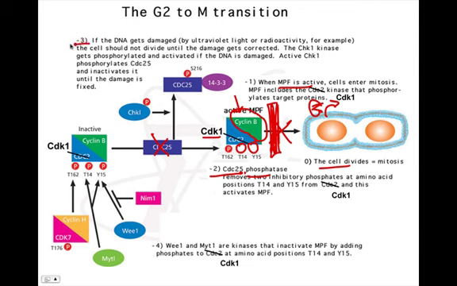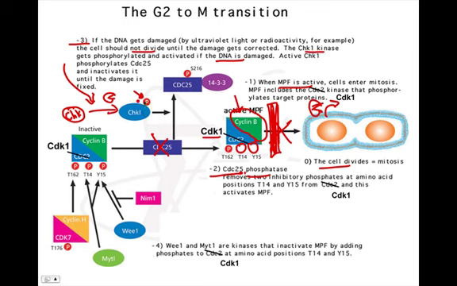So let's go up here to -3. If the DNA gets damaged by ultraviolet radiation or radioactivity, for example, the cell should not divide until the damage gets corrected. The CHEK1 kinase, so this is another protein, CHEK1 kinase, gets phosphorylated as a result of that damage and is activated if the DNA is damaged. So we can draw it up here: CHEK1's not phosphorylated, and the DNA damage leads to phosphorylation by yet another kinase, and we won't learn about that one.